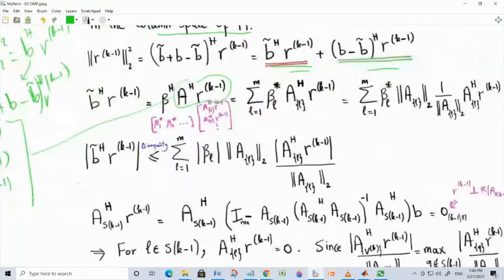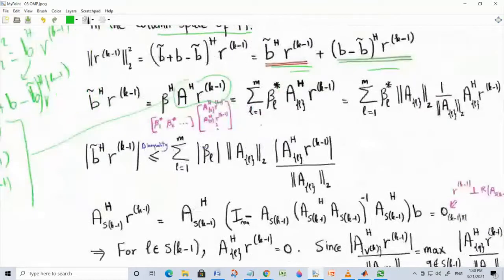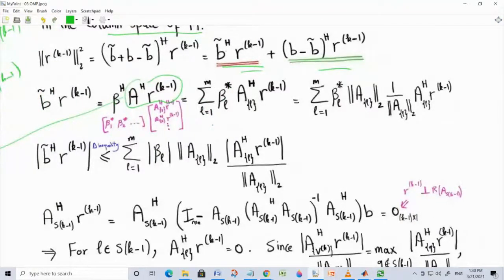So this is like an inner product, and you can write it as a summation over l from 1 to M, the number of columns in matrix A, of the l-th column Hermitian R_{k-1}, and then we insert the L2 norm and divide by the L2 norm.